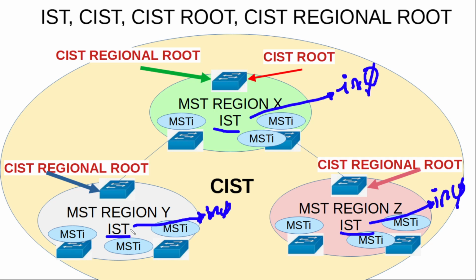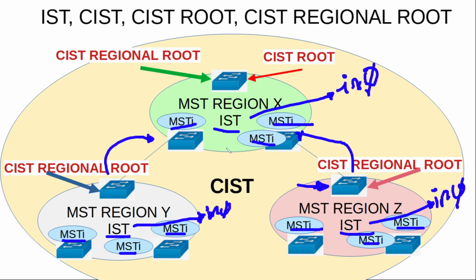You can also have several other MSTIs at each region. They are independent of each other. So you connect your regions through CIST regional roots. So this switch will become the CIST regional root because it is connecting this region to this other region.